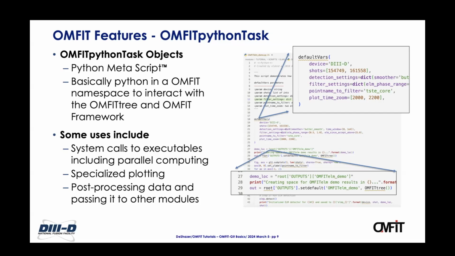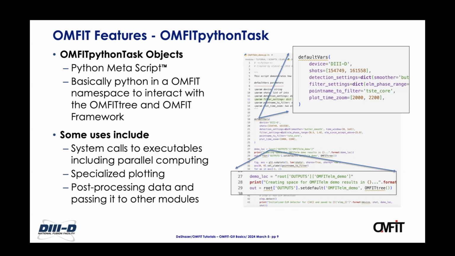passing it into modules. I didn't mention the default vars, but this is the default. The reason I highlight this is because this is one way where it is not Python. It is this meta script, and when you use Python, you would say def function name and give it its arguments.